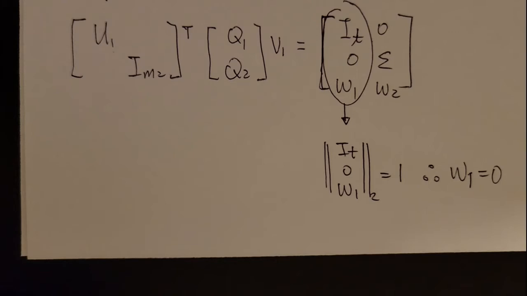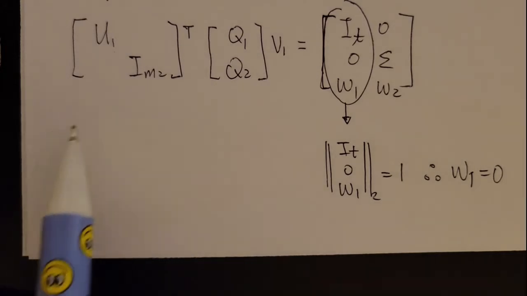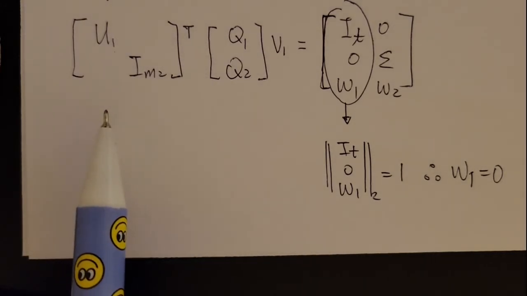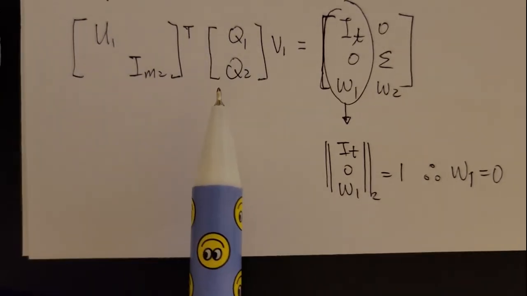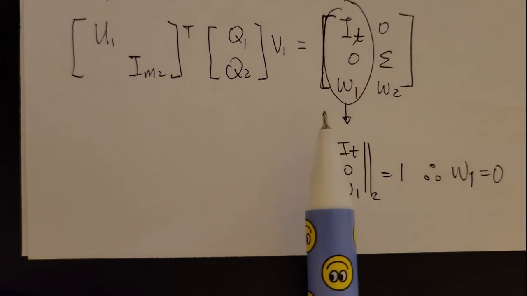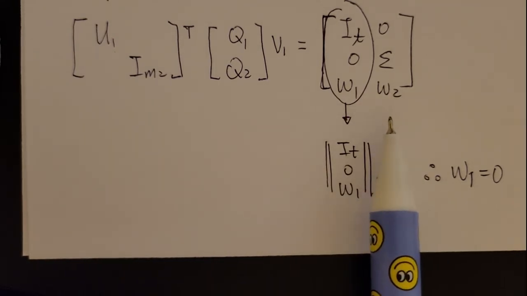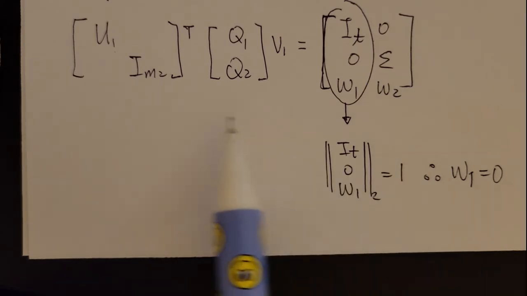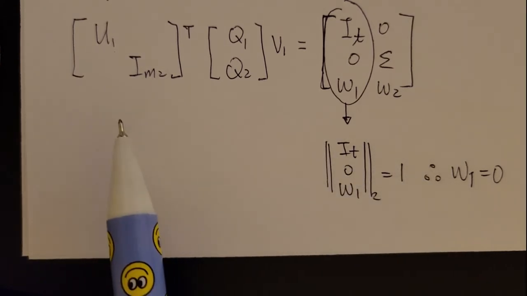If you look at this matrix that I just combined together, it very much looks like singular value decomposition. So you have the Q matrix, and then you have the U matrix and the V matrix and the sigma matrix, or something that would represent the sigma matrix if you were to relate this to singular value decomposition.